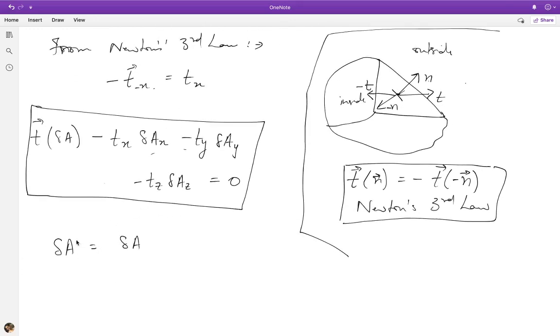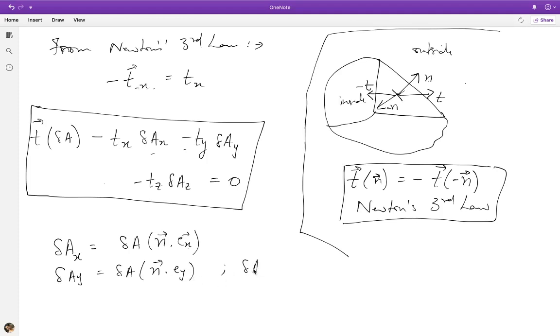And that just means that delta Ax is equal to delta A times n dotted with Ex. So it's the portion of n along Ex, which will be a fraction clearly, and both of these are unit vectors. So that fraction of delta A is delta Ax. Similarly, delta Ay is delta A times n dotted with Ey.